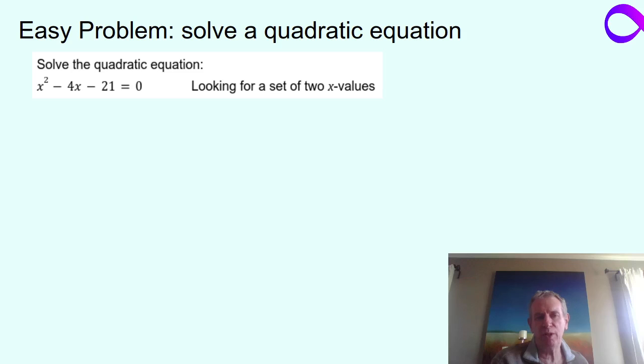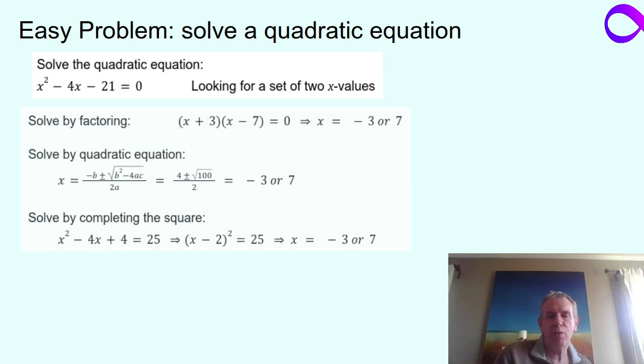It's possible that it might be one repeated root, but because it's a quadratic, you're generally looking for two. Of course, it's also possible that there are no x values that solve this equation, so you might get the empty set, but generally speaking, most students know we need to find two values of x. And of course, there are many ways to solve this.